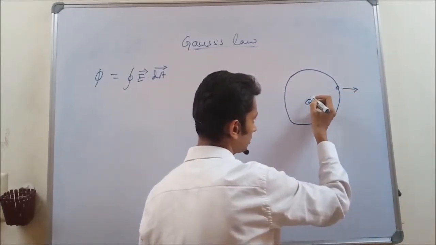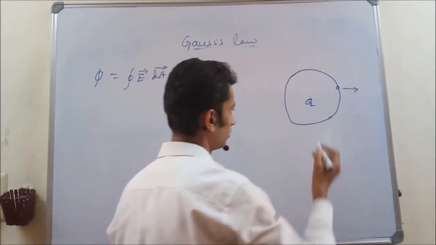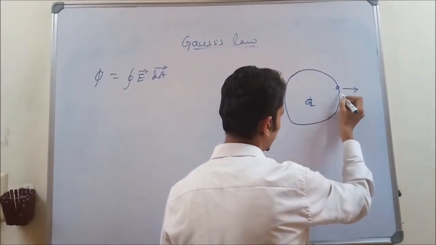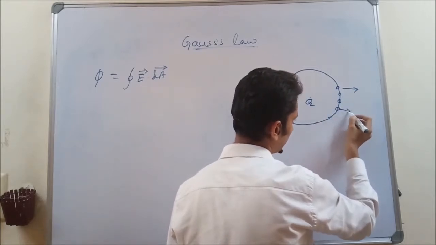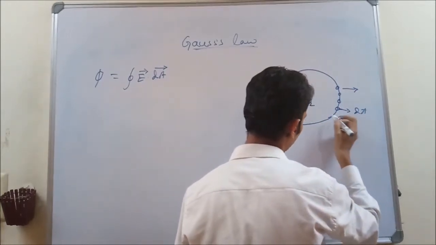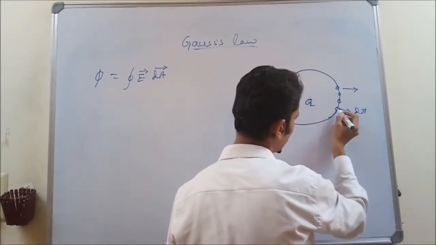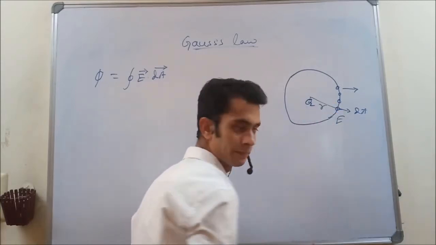Because the charge Q is present at the center of the sphere, at every small area dA the electric field will be constant, because the distance between the surface and the center is the radius r.